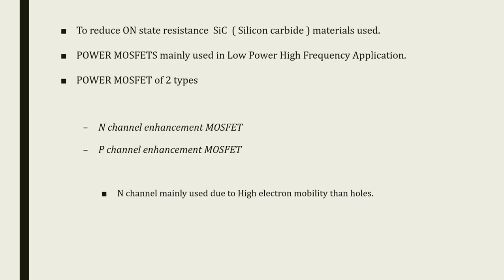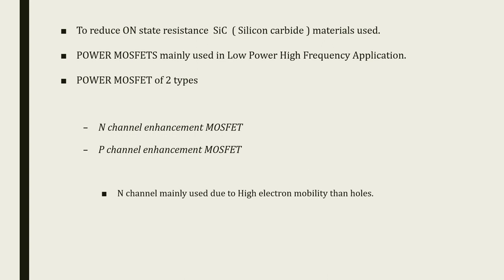Okay, and also recently, I told that for power MOSFET high on state resistance is there. Initially, we were using P and N substrate with silicon materials. Now, silicon carbide materials are coming into the industry. One big advantage with silicon carbide is that it has less on-state resistance, that is 1/10th or 1/15th that of silicon.